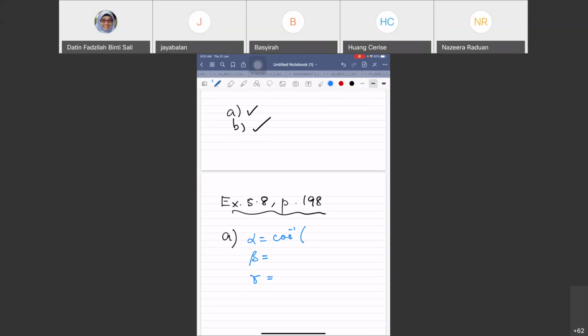Madam, okay. What's the answer? What's the magnitude for you? What do you get for the magnitude for vector u? 64. So that means your alpha will be cosine inverse of 2 over square root of 64. No, it's not square root of 64.